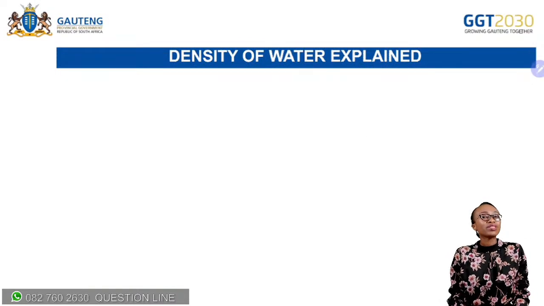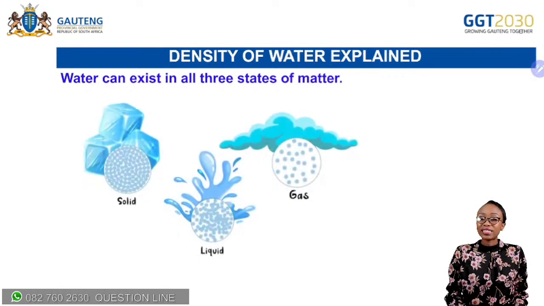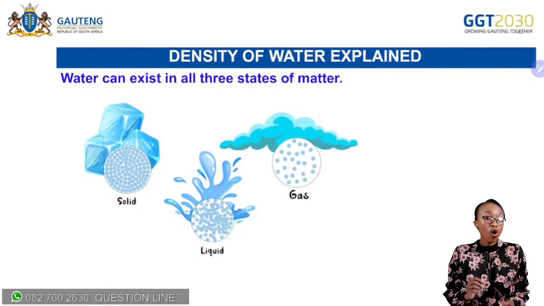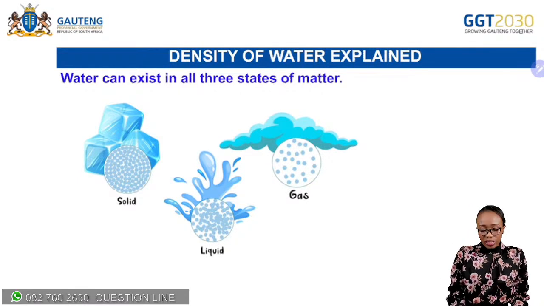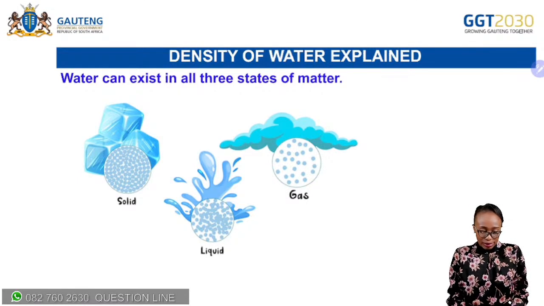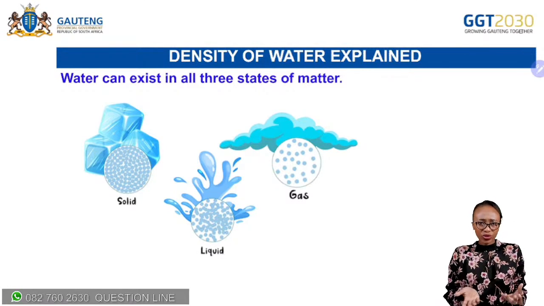So now let's talk about the density of water. Yes, the water that you drink. So water can exist in 3 states of matter. Water can exist as a solid, and we call that solid ice. And water can also exist as a liquid, and then we call it water. That's the water that we drink, right?